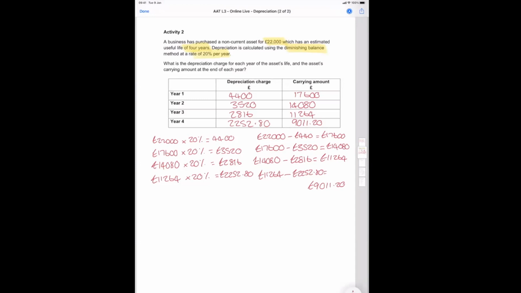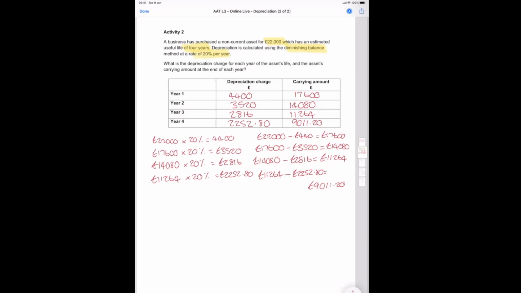If you think of a vehicle, for example, which has 0 miles on the clock, the second you drive that car out of the garage and there's a mile on the clock, it loses a lot of value because it's no longer brand new. Okay, so there'd be a higher depreciation charge in the earlier year there. The same could apply with certain technology. Technology is always evolving, so it can quickly become out of date if newer models are released. But again, in any question that you get, you'll be given that information.